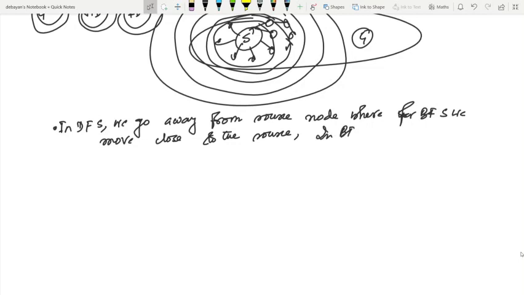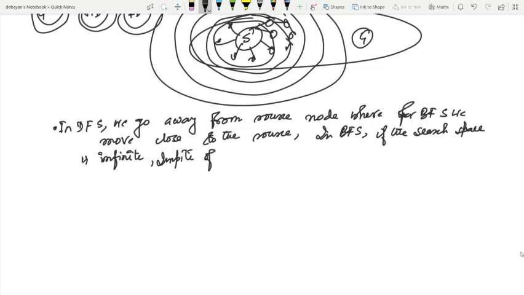So in BFS, if the search space is infinite, in spite of that we can find the goal node.